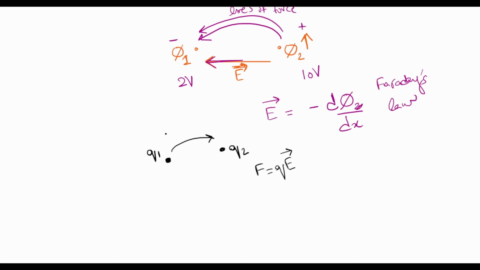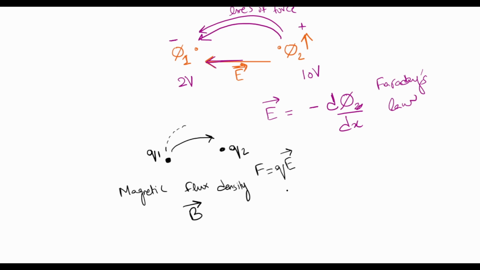But this charge can also be moving. So if this charge is moving, then we come across the term which is magnetic flux density B.